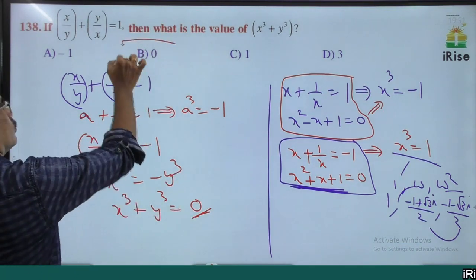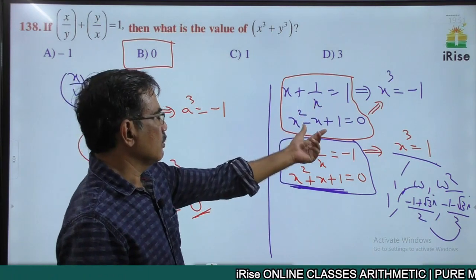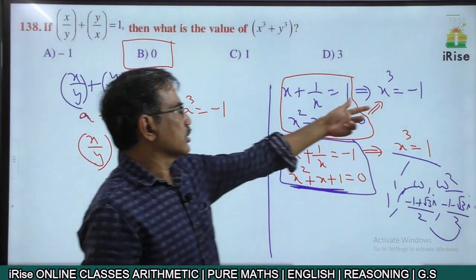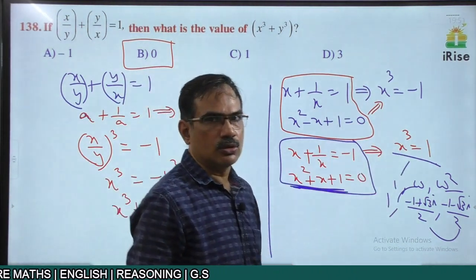So the answer for this question is 0. If this condition is given, x cube is equal to minus 1. If the other condition is given, x cube is equal to plus 1.